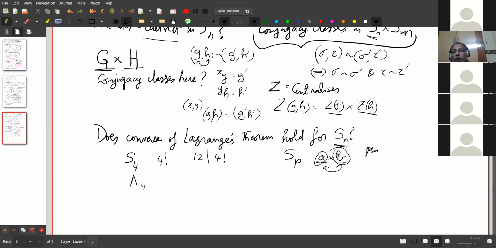But these things that divide n factorial can be very complicated. There is partial truth, that is Sylow's theorem, of course. But that is only for prime powers that divide.